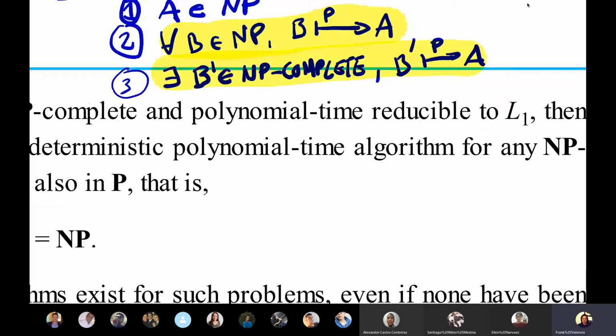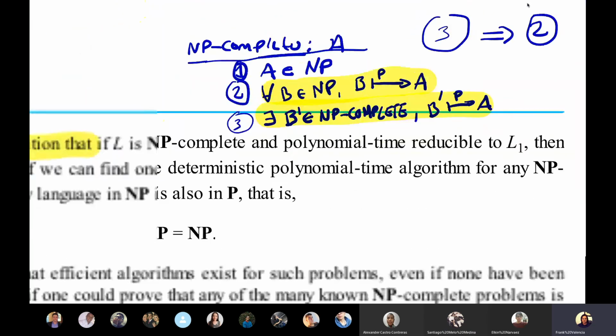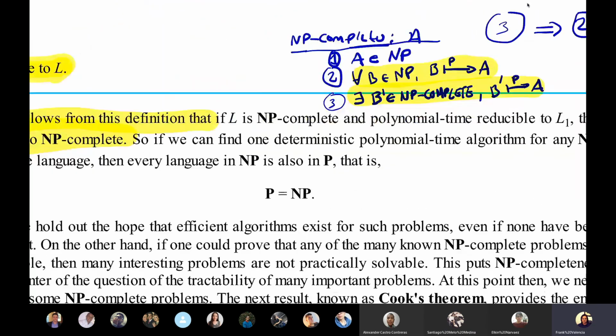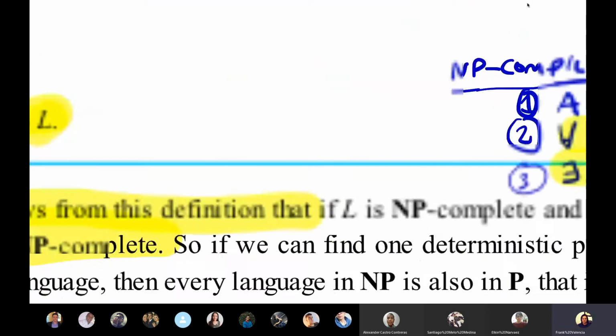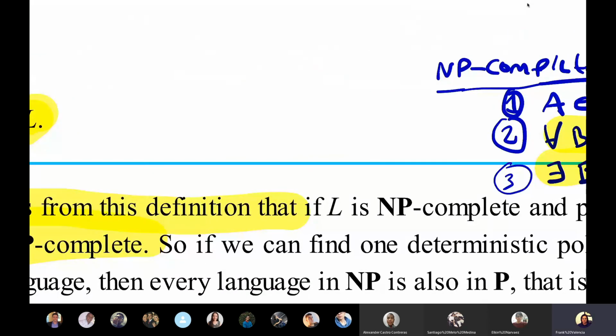So basically, you are saying, okay, I have this. I'm going to make a drawing here. Let's say that you have all NP here, and you need to prove that all these NP problems can be reduced in polynomial time to A, right?